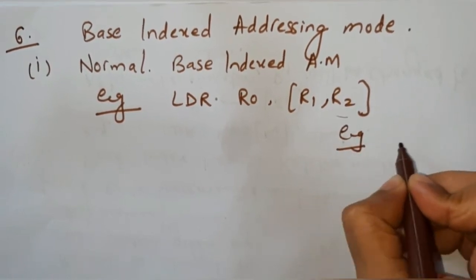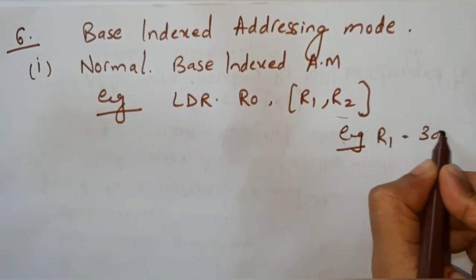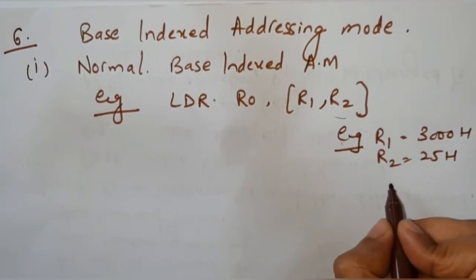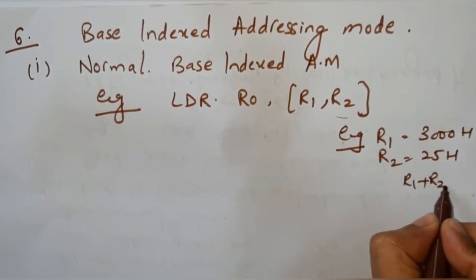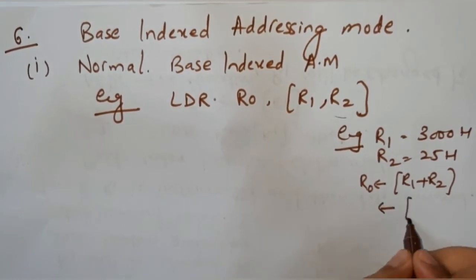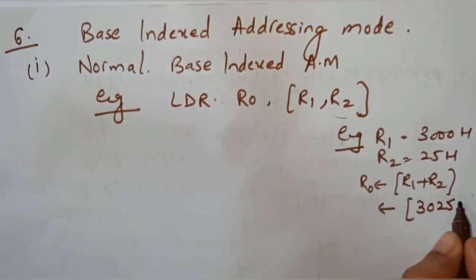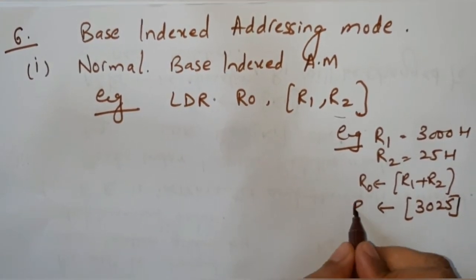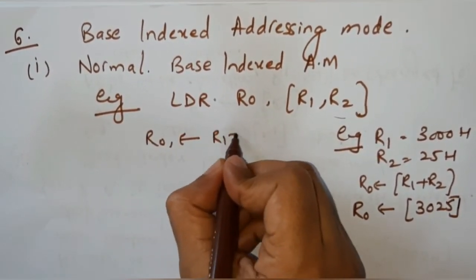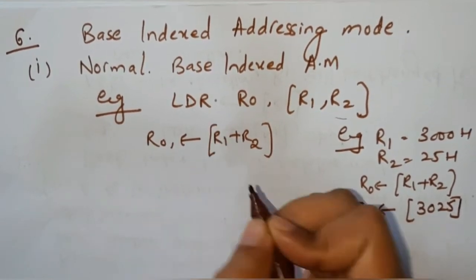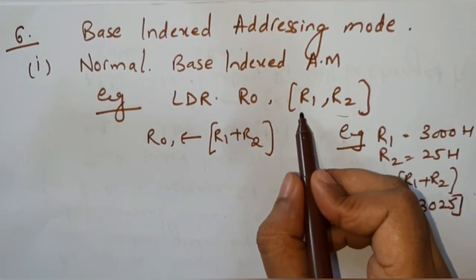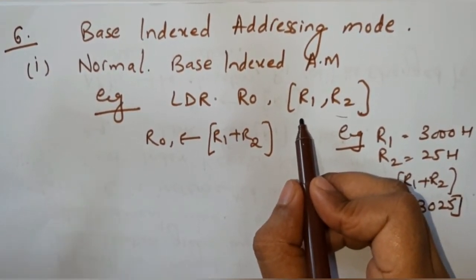For example, if R1 is at 3000 location and R2 is at 25, the content of the 3025 memory location will be moved to the register R0. In normal base indexed addressing mode, after this action, the memory location of the R1 register is not changed.